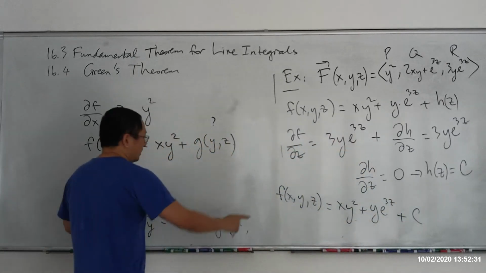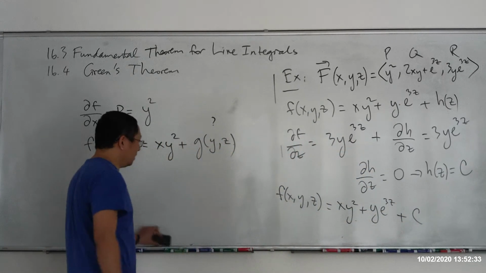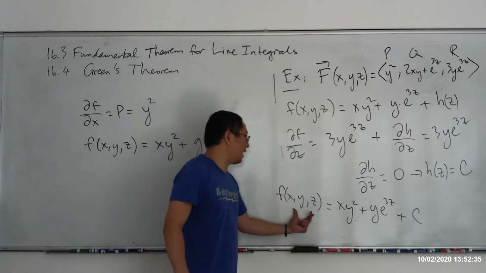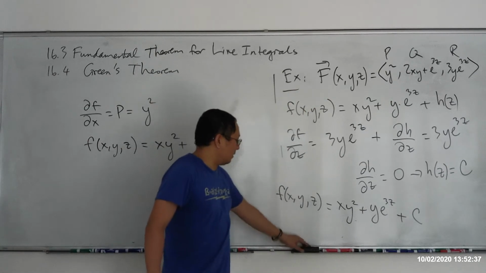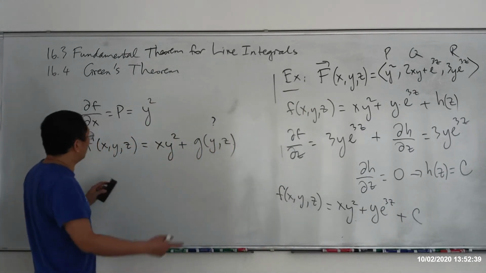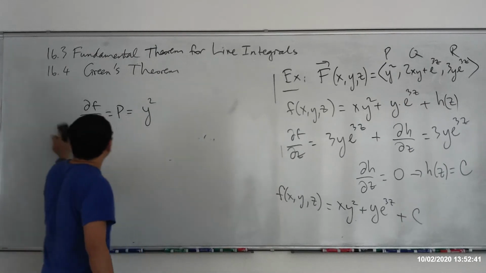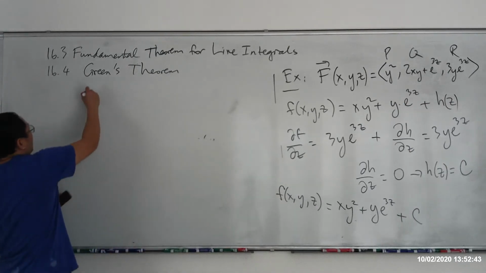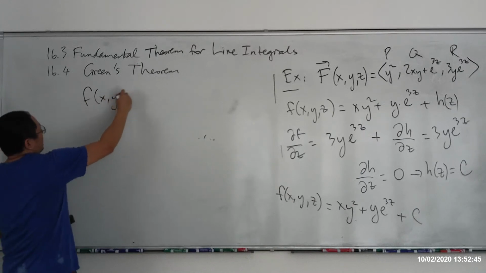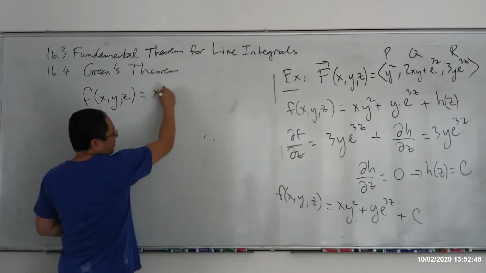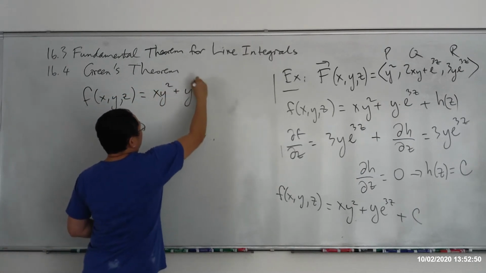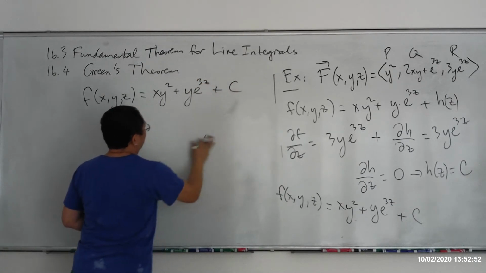And I claim that this is going to be the function that has the gradient equal to the vector function F right here. We want to double check on it. Let's see if it's right. Double check. F of x, y, z equals xy squared plus y e to the 3z plus a constant, right?